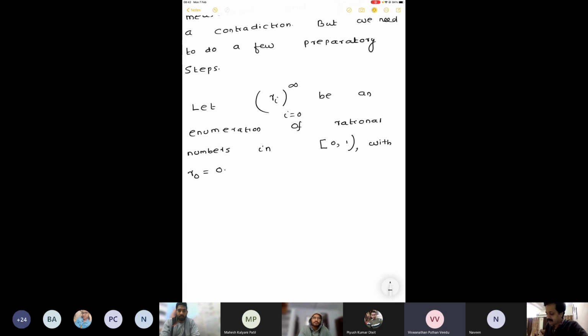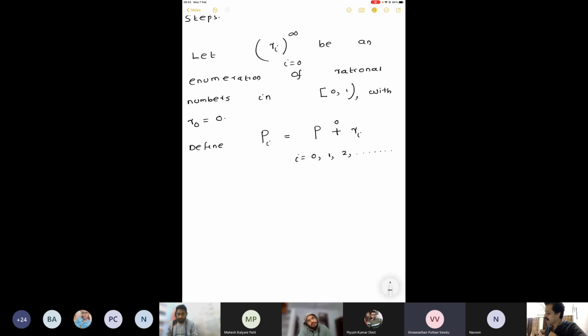So we have r_i. Now what we do is define new sets P_i. P is already defined. P_i is equal to P, which we got from the axiom of choice, plus r_i, where plus stands for our special plus, for i equal to 0, 1, 2, and so on. So you translate the set P with r_i using the special translation.